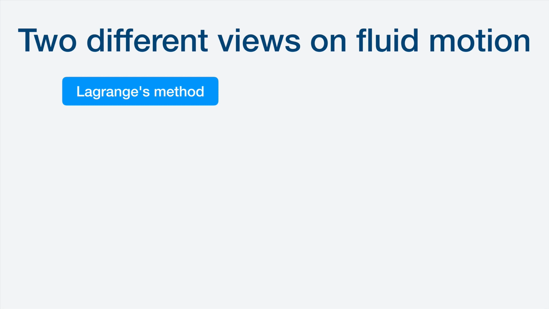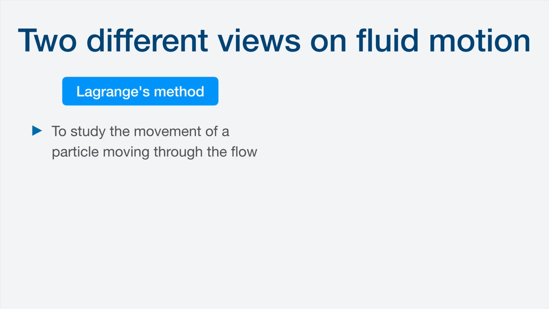Well, in the Lagrange method, what we do is to study the movement of a particle moving through the flow. We follow the particle movement through the flow, like that. Only one particle.